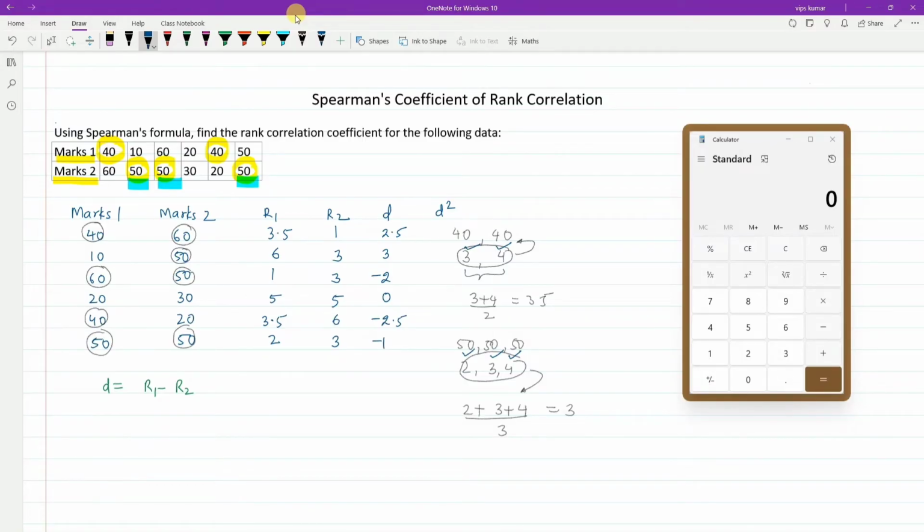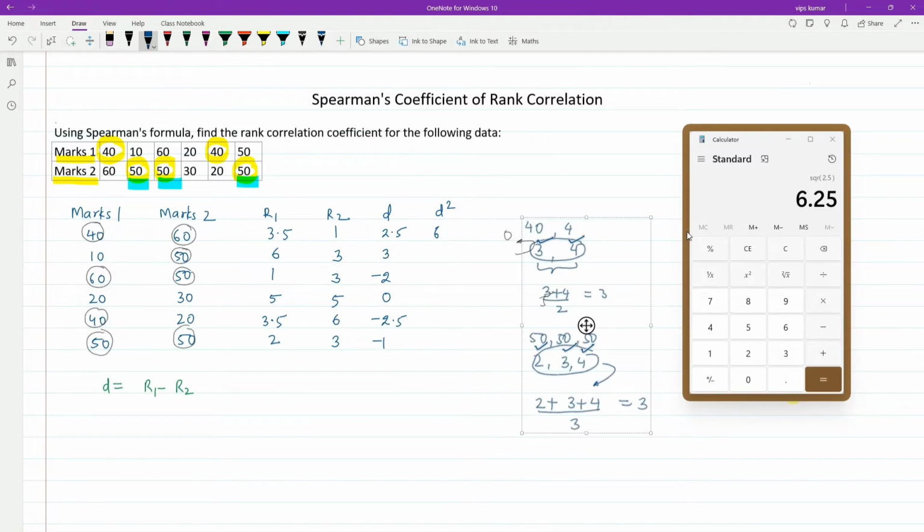Now D square, you need to square the entries in D. So first we have 2.5. We'll be writing the square of 2.5. So 2.5 square is 6.25. Then square of 3 will be 9. Square of negative 2 will be 4, then 0. Then we have again 6.25 and 1.